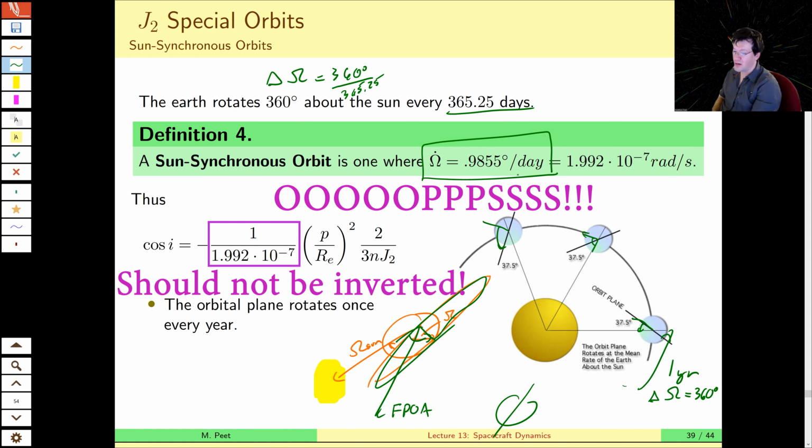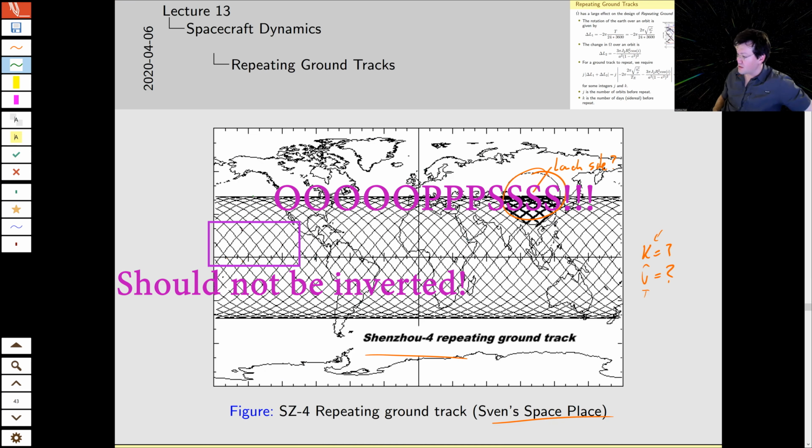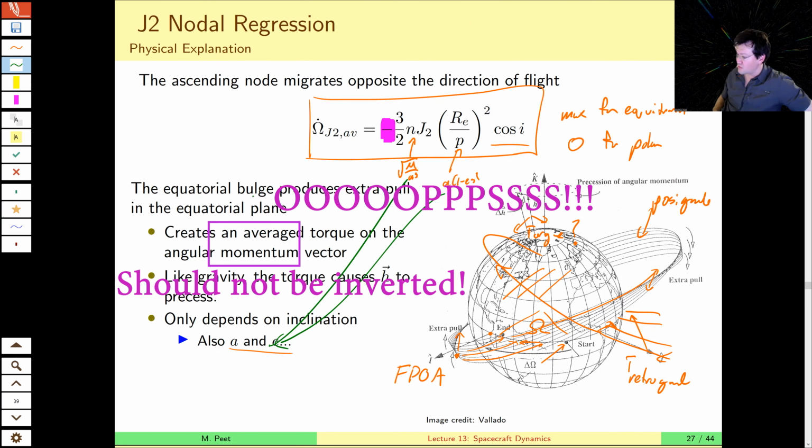Or if we put that in radians per second, 1.992 times 10 to the negative 7th radians per second. Yep. So if we now put that into our formula for omega dot, which we had, let's see, I think I got that somewhere here. Yeah, here we go.